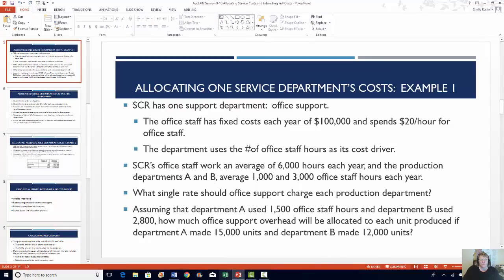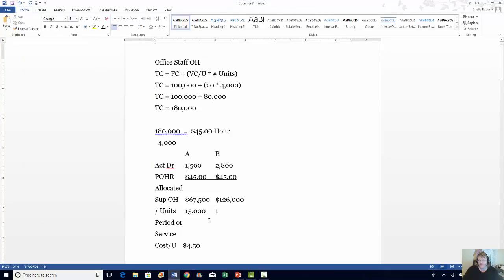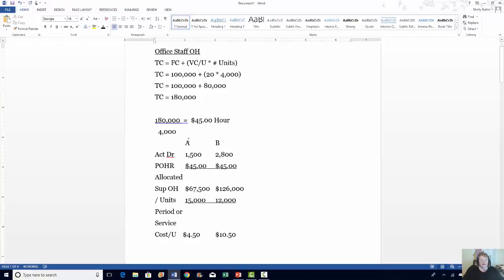We made 12,000 units. 126,000 divided by 12,000 is going to give us $10.50. So our cost per unit for Department A is $4.50, and for Department B, it's $10.50 per unit.